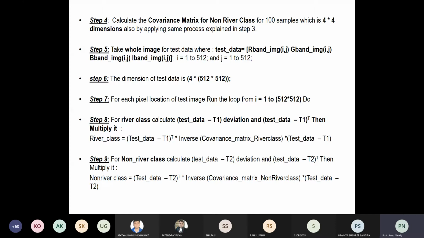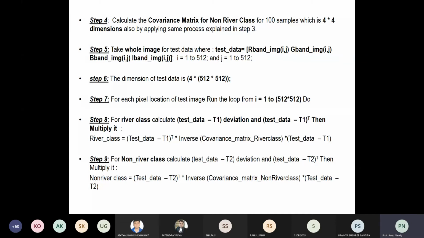For the river class you compute the test data minus mean deviation and its transpose, then multiply. See the formula within the exponential term: exp of minus half x minus mu transpose, covariance matrix inverse or sigma inverse, into x minus mu.